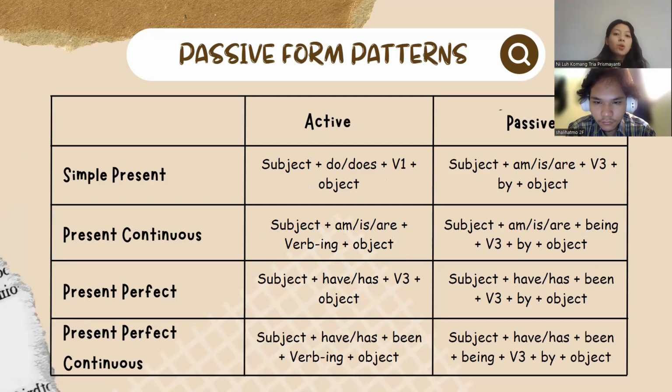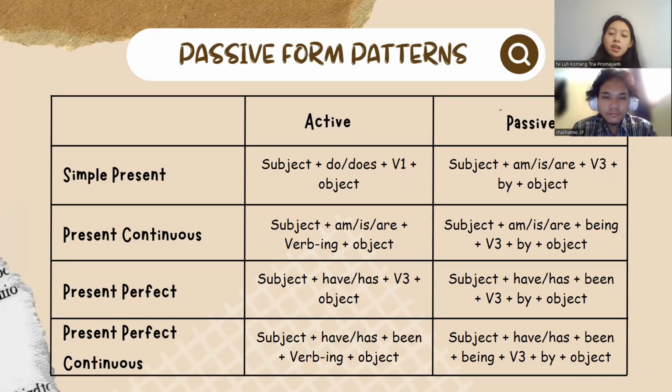Okay, so we have 16 types of tenses in here. So the simple present, the active form pattern is subject plus do or does plus verb 1 plus object.